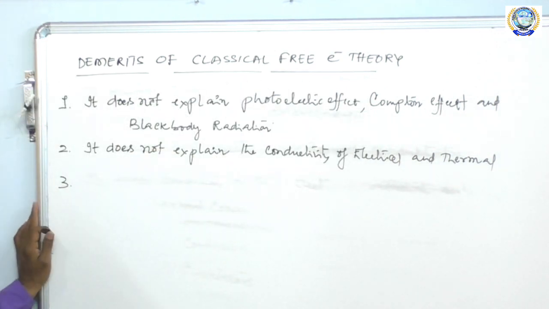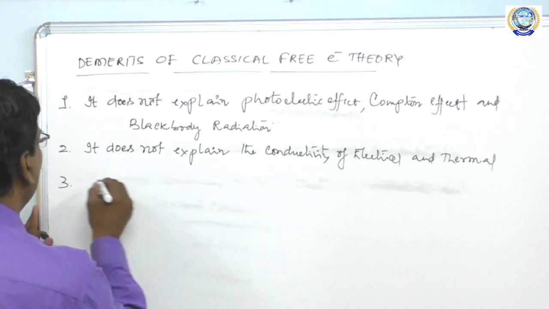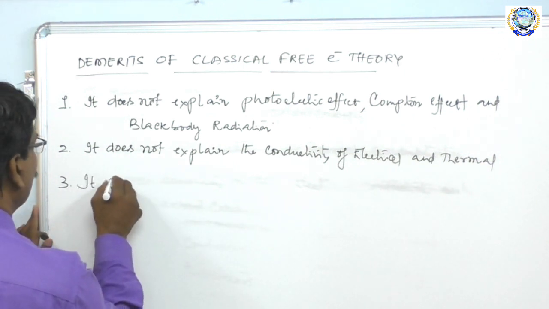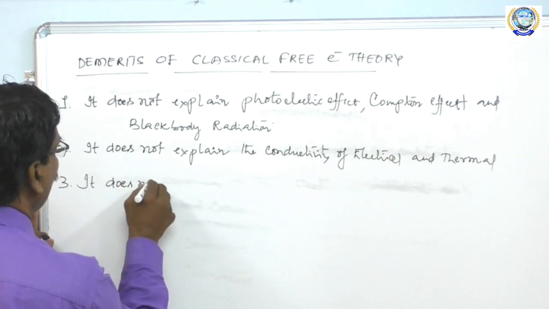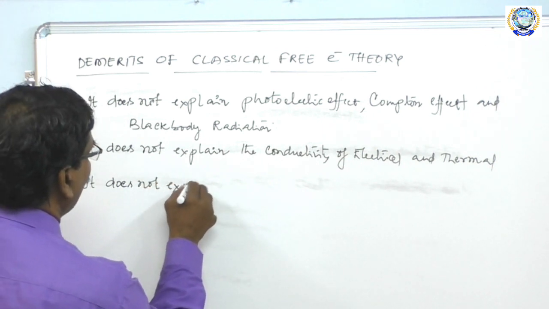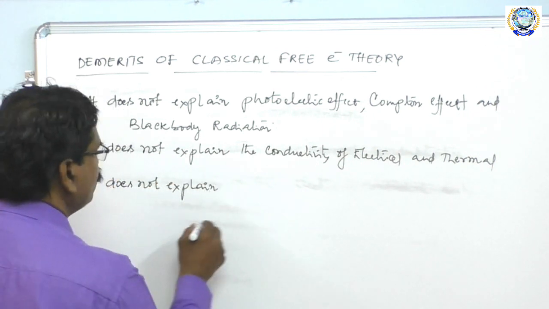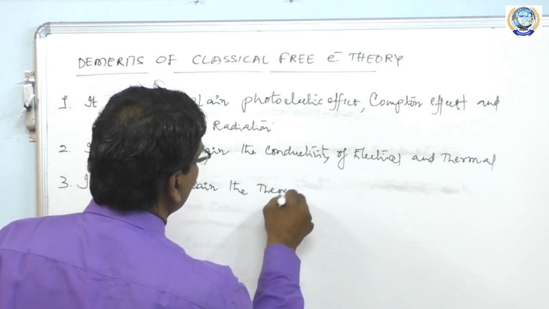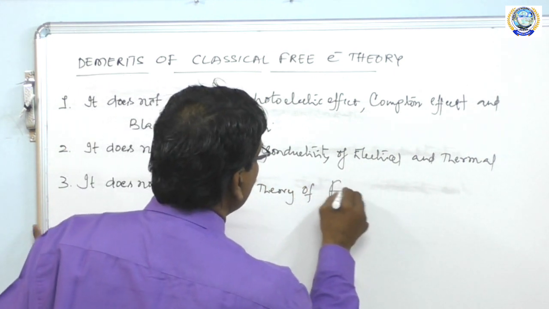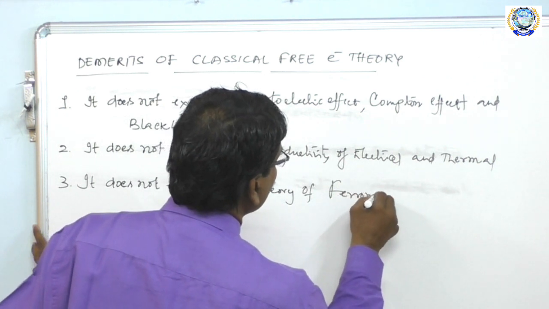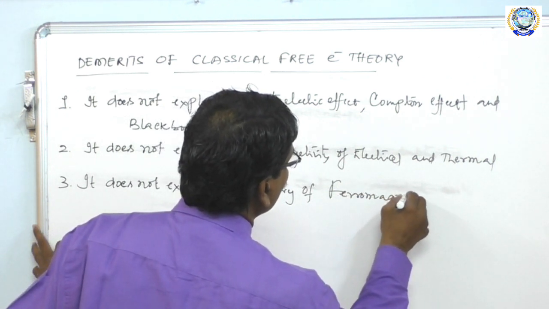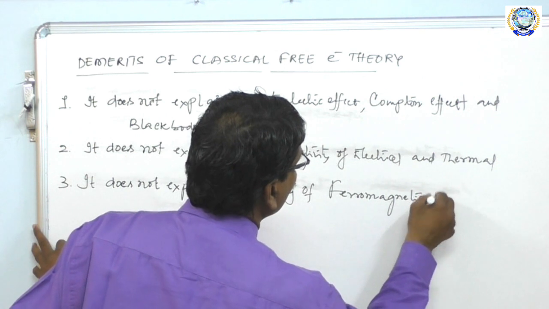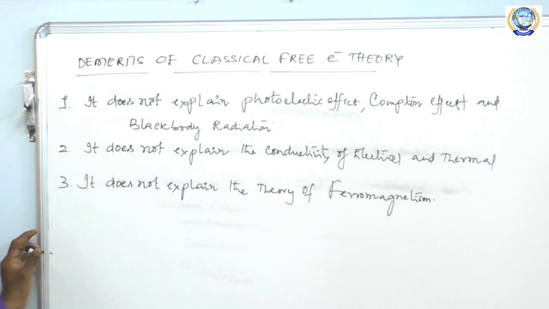The third demerit of classical free electron theory is it does not explain the theory of ferromagnetism. These are the demerits of classical free electron theory.